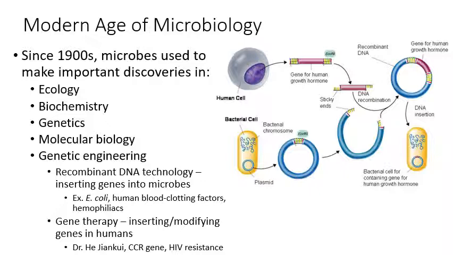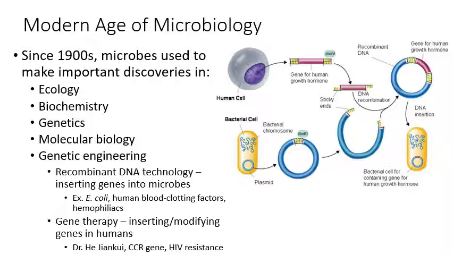They're very, very useful. One thing you can do is take genes for human proteins and put them into a microbe, and then that microbe will make that protein for you. So for instance, people who have hemophilia, that's a blood clotting disorder where they can't form blood clots properly, so they have a tendency to bleed a lot if they get cut, and they can actually bleed out. How to fix that?